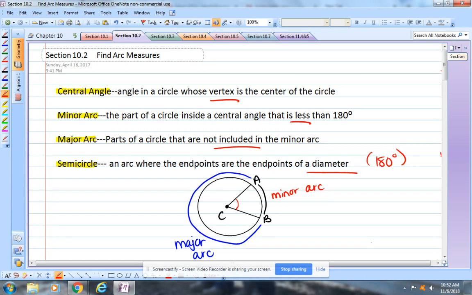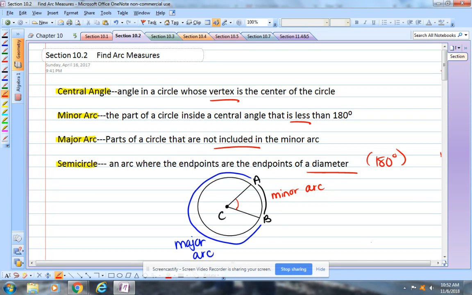It's less than 180 degrees, so if it makes a diameter, then it's not a minor arc. Minor means small, major means big. The major arc is the part of the circle that is not in the minor arc, so everything from A to B going the long way is the major arc.